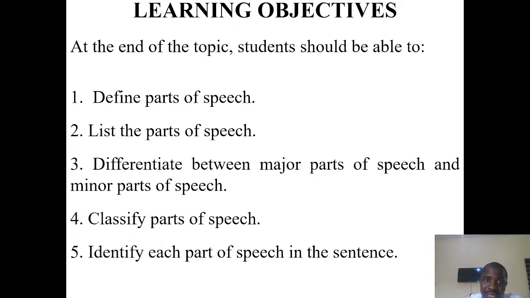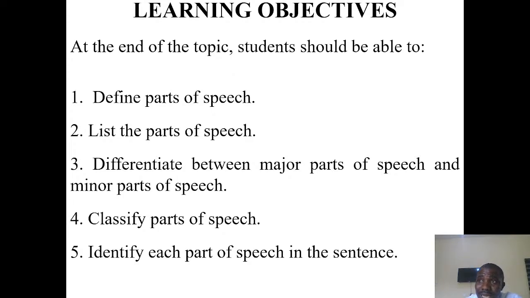Two, list the parts of speech. How many parts of speech are there in English? And what makes each part of speech different from the other? Very important. When you list them, you will begin to understand why they are different. That leads us to learning objective three: differentiate between major parts of speech and minor parts of speech.